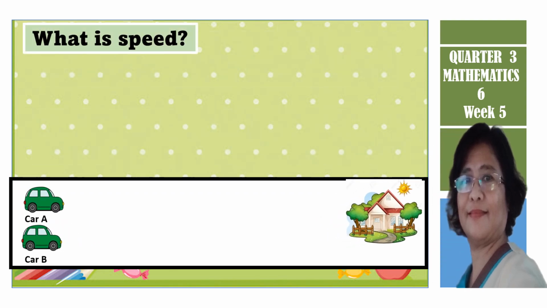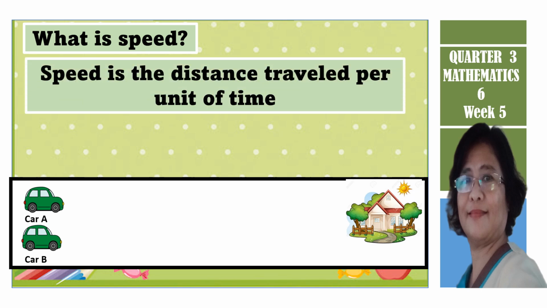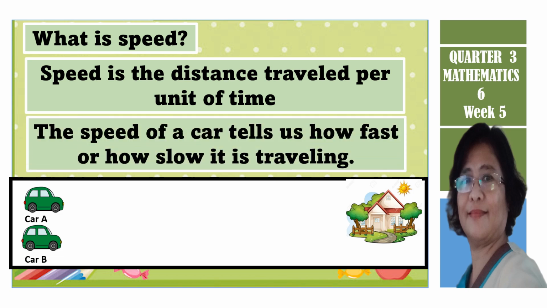What is speed? Speed is the distance traveled per unit of time. The speed of a car tells us how fast or how slow it is traveling. To illustrate the meaning of speed, observe the motion of the two cars below.